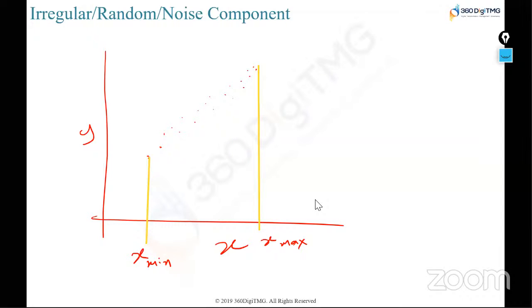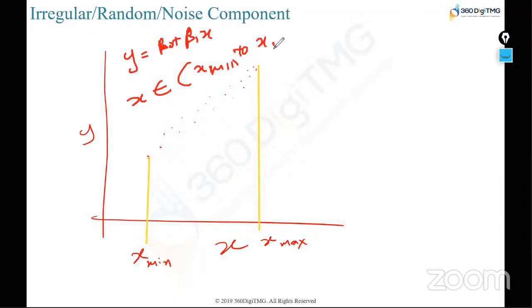Is it clear? My model that I build works only for y is equal to beta naught plus beta 1x, where x can take the values from x min to x max. Do you understand?